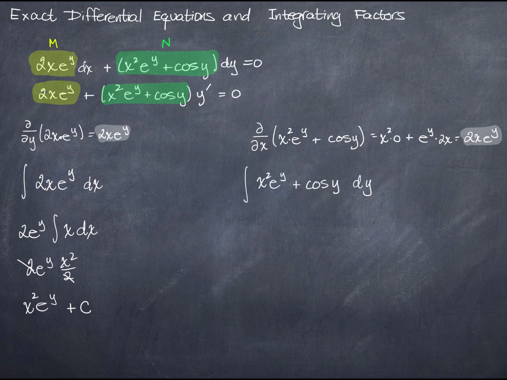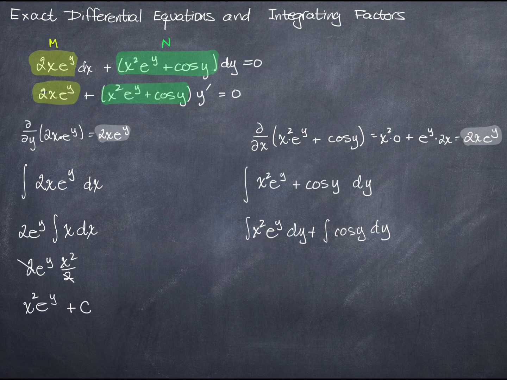On the other side, we have a function whose derivative is x squared e to the y plus cosine of y, and I'm going to do this one first by splitting it up. The integral of x squared e to the y dy plus the integral of cosine of y dy. And this looks like it's going to need integration by parts because I have a product here.